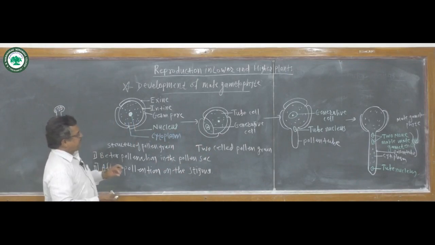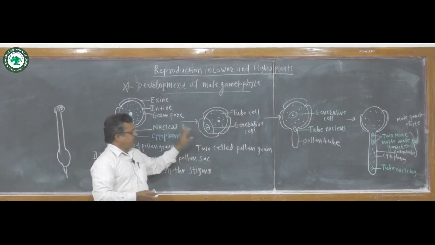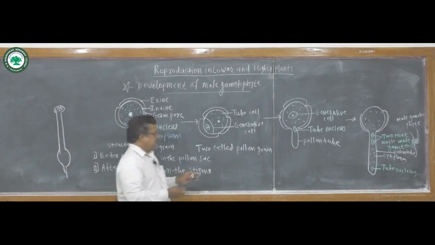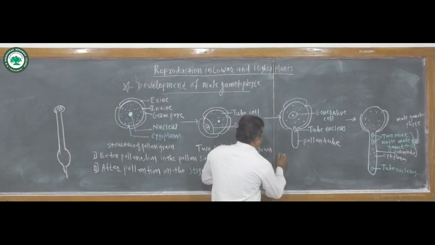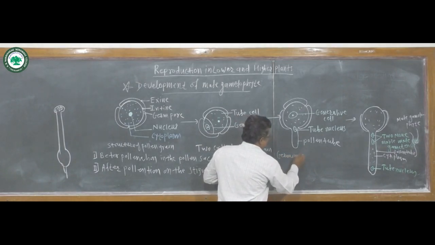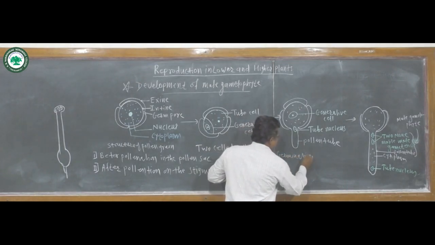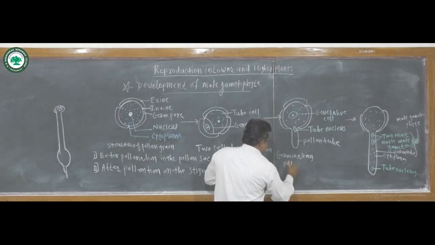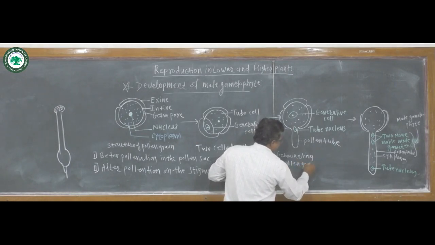The pollen grain absorbs the sugary substance and germinates. This is the germinating pollen grain.